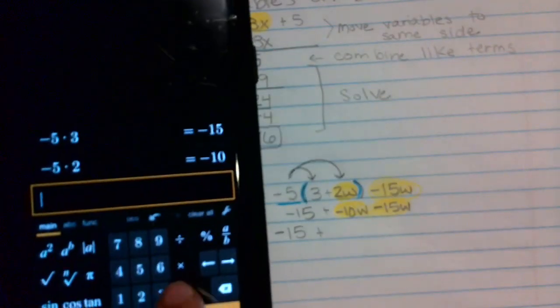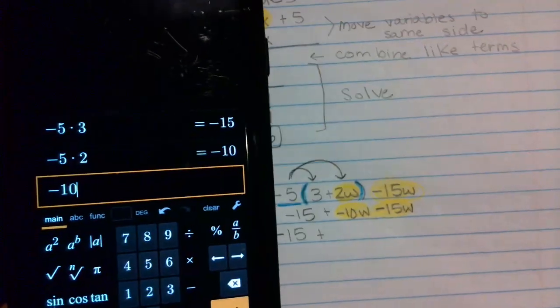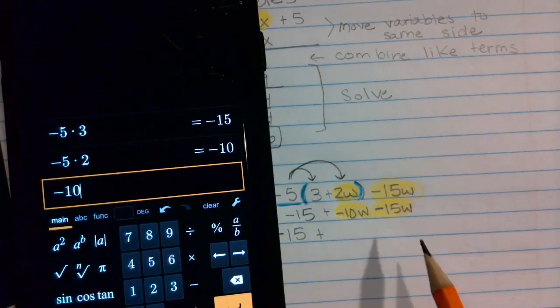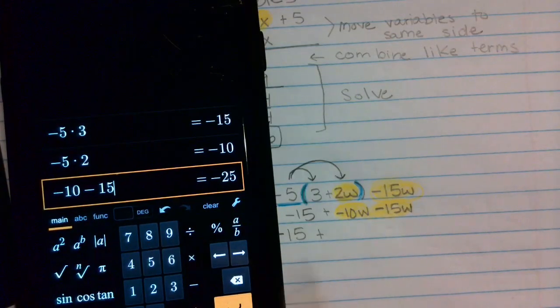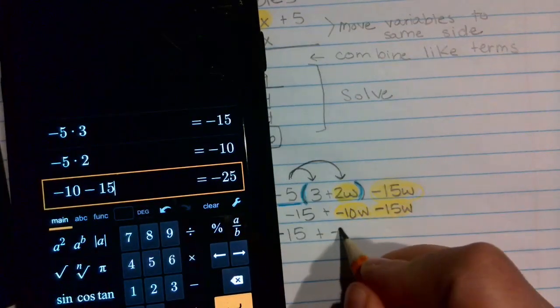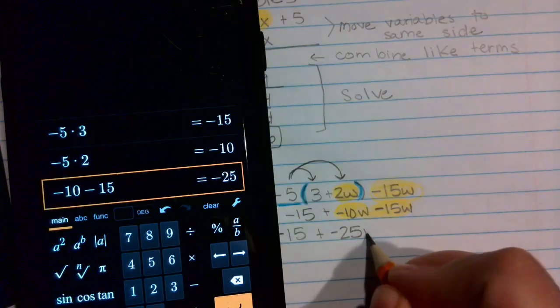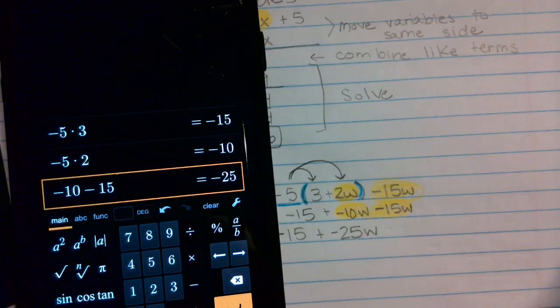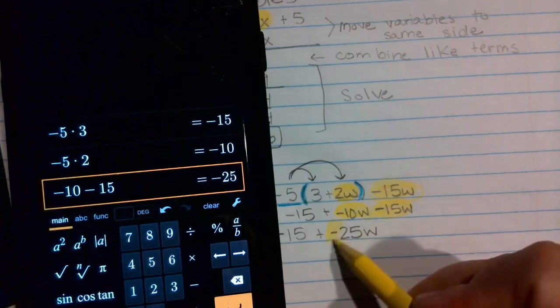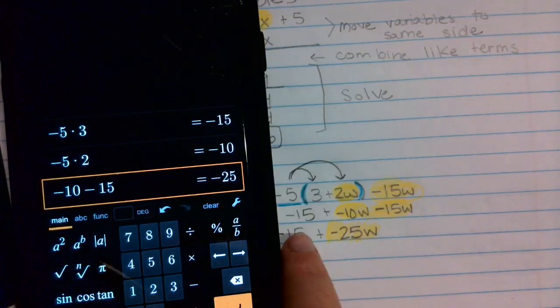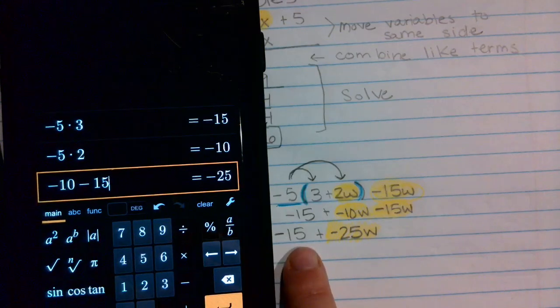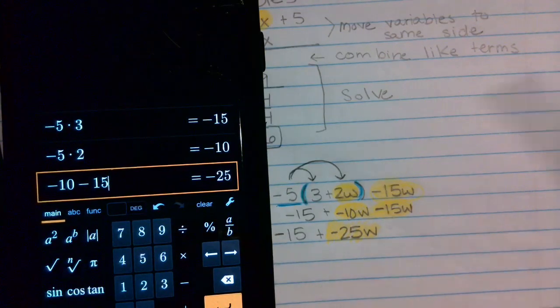Okay, so if I start with negative 10, and remember minus 15 means I'm going to go backwards 15 more. I'm going more negative. So we end up at negative 25w. Alright, so now as I look at this, I can't combine those. Those are not like terms. This is a constant. This is a variable with a coefficient.